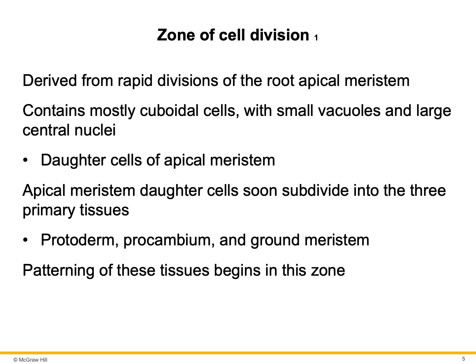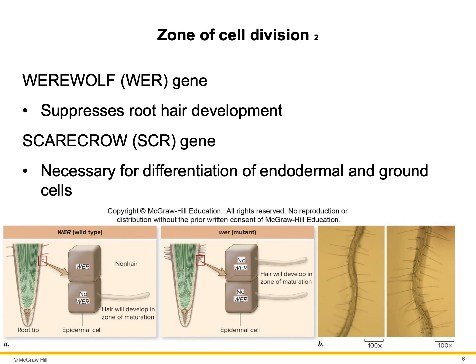These cells will not show any anatomical or morphological expression until they reach the zone of maturation, but the genes are actually expressed in the cell division zone itself. So there is evidence that genes involved in patterning what mature cell type these apical meristem cells will become are activated in the zone of cell division.